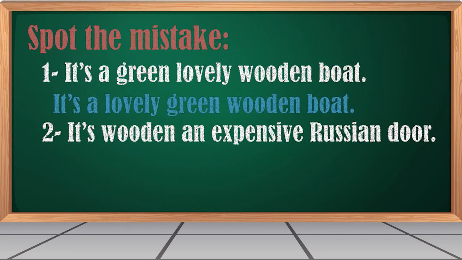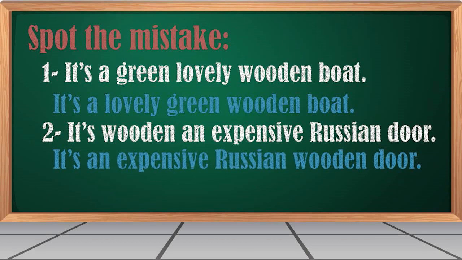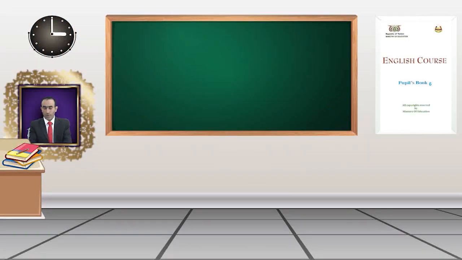Number 2, it's wooden and expensive Russian door. So the correct answer is it's an expensive Russian wooden door. Now, look at your workbook page 10 and answer the questions.